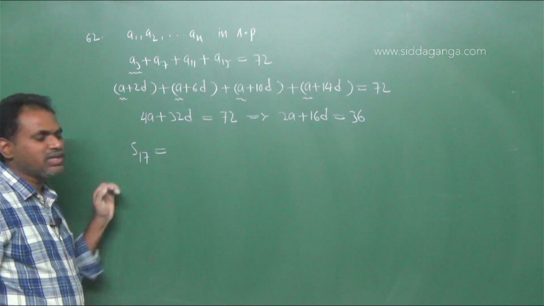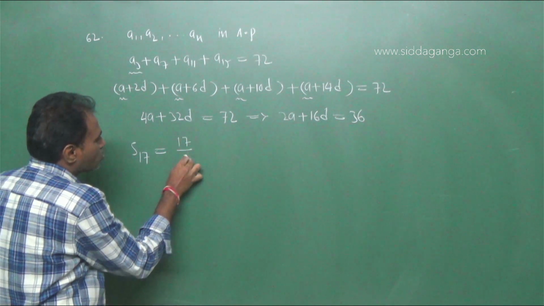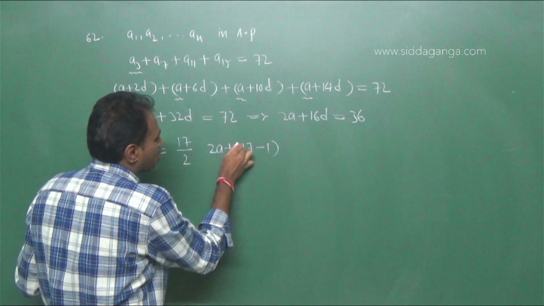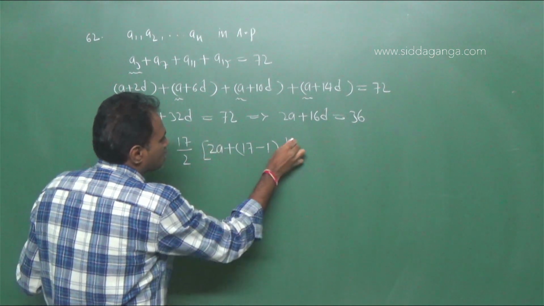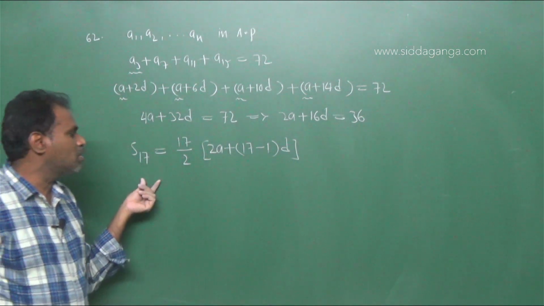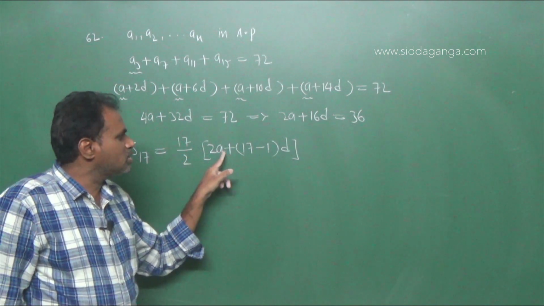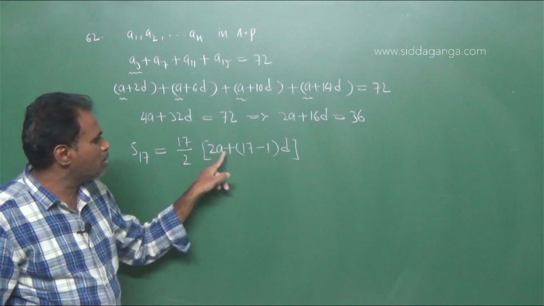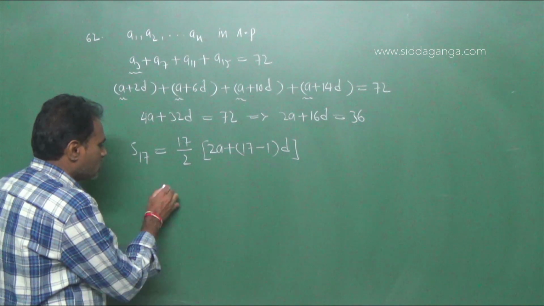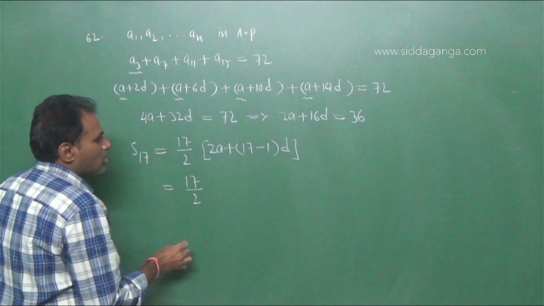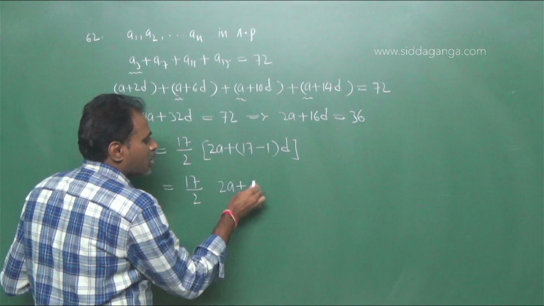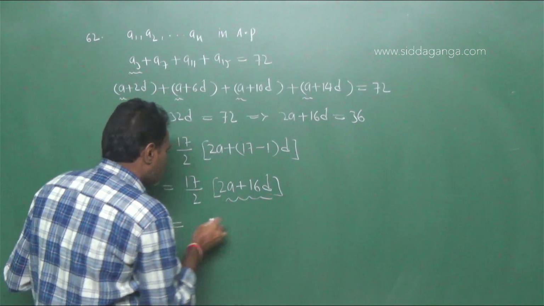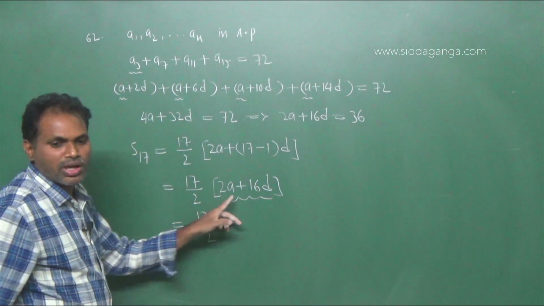Here n is 17, so 17 by 2 into (2a plus 17 minus 1 into d), which is 17 by 2 into (2a plus 16d).